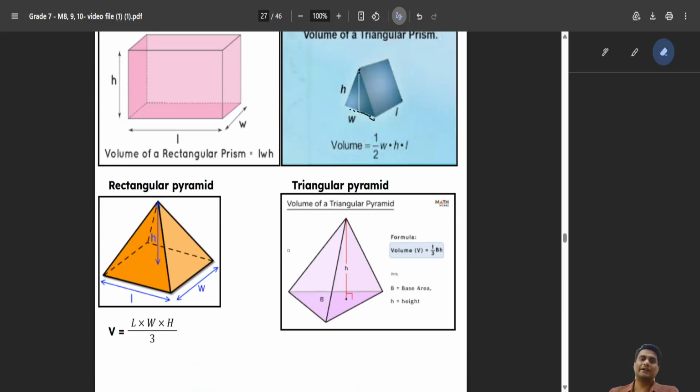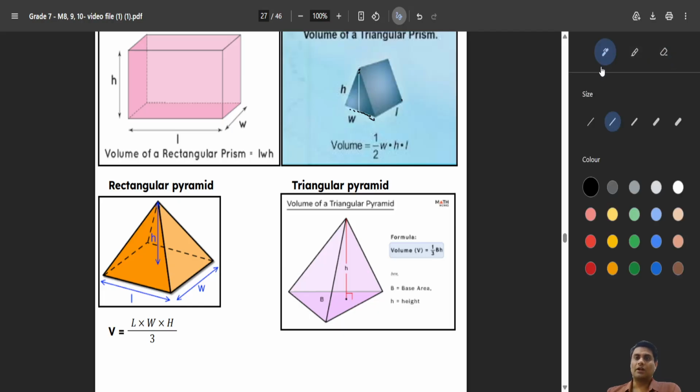Now, second shape is pyramid. How do we define a pyramid? The pyramid always has a base on which the triangle is made. Check this shape, the first one. What is the shape of the base? It's a rectangle. At the bottom, it's a rectangle, correct? Now, from every side of the bottom, a triangle will be made. Check here.